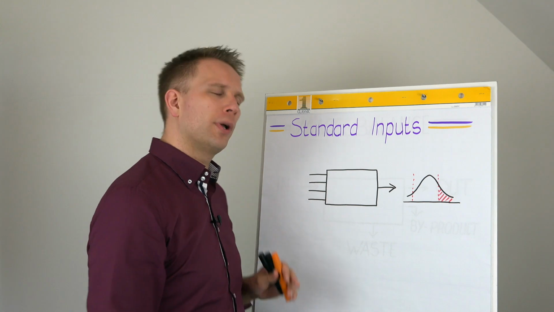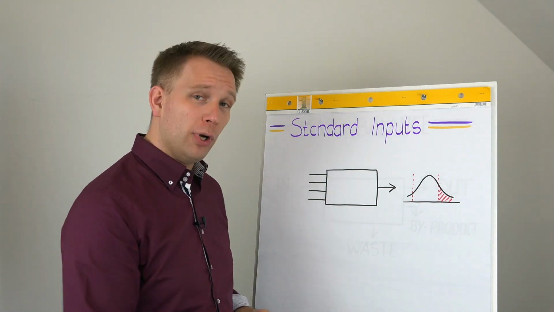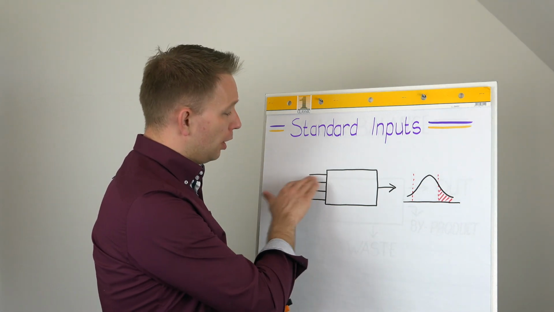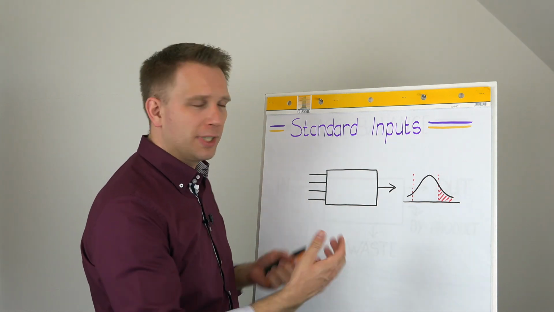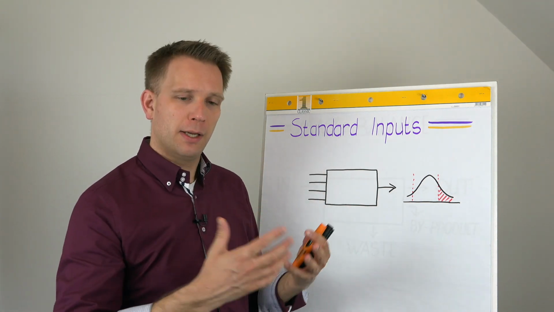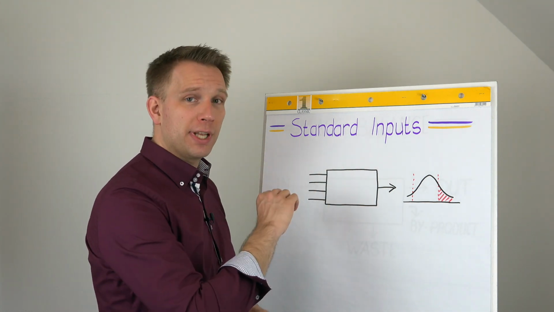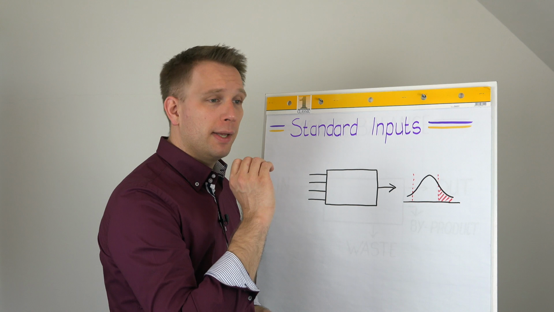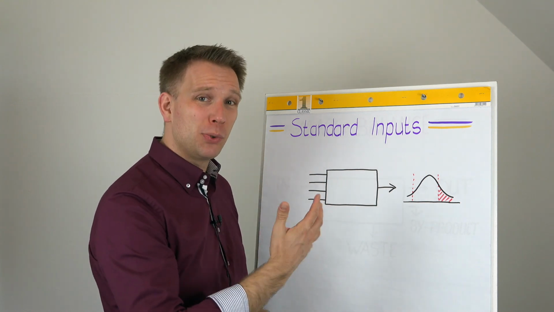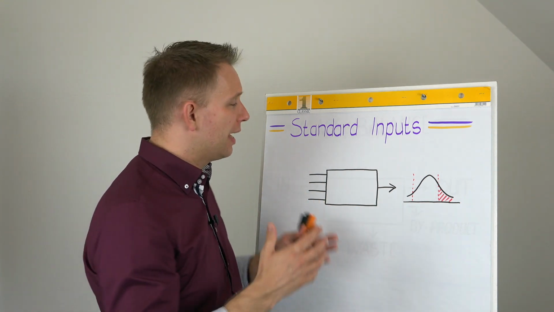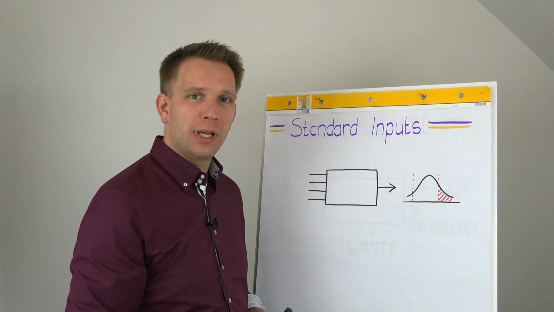So when we take a look at the entire process, what we often see is a lot of different inputs. For instance, the material itself can be a bit more, a bit less, a bit hotter, a bit harder. Temperatures that are put into the process, pressures, the time that we use to form or press our products can all change a little bit.